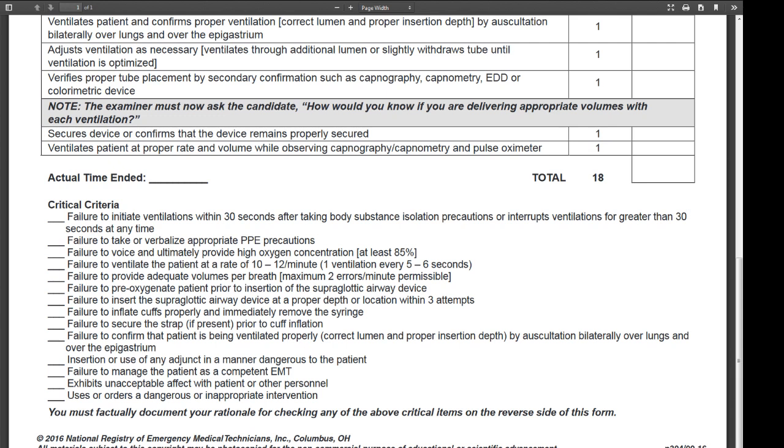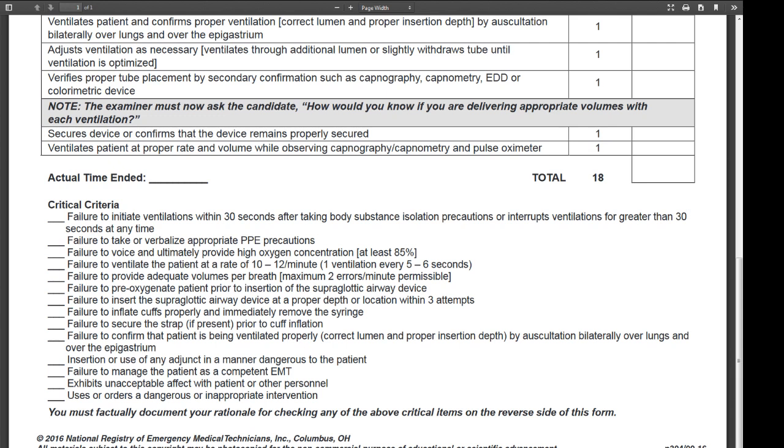Critical fail criteria. Failure to initiate ventilations within 30 seconds after taking body substance isolation precautions or interrupts ventilations for greater than 30 seconds at any time. Failure to take or verbalize appropriate PPE precautions. Failure to voice and ultimately provide high oxygen concentration, at least 85%.